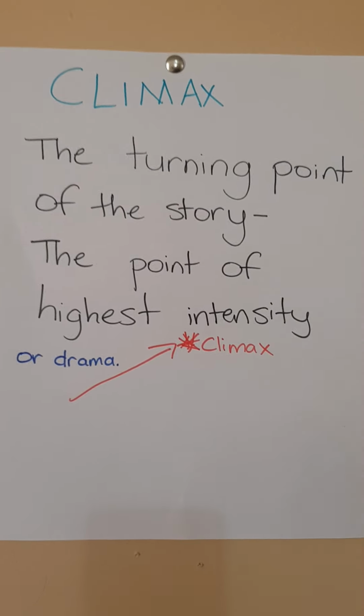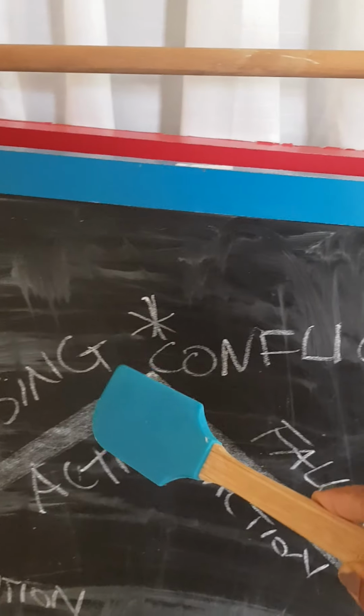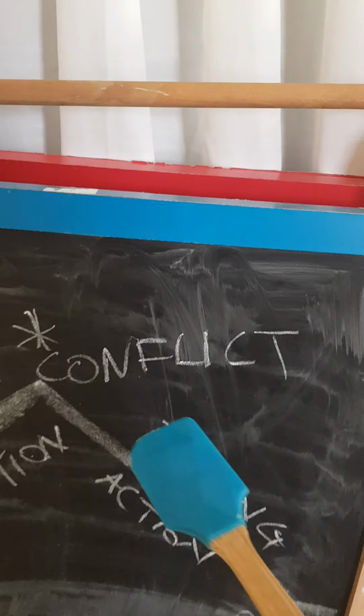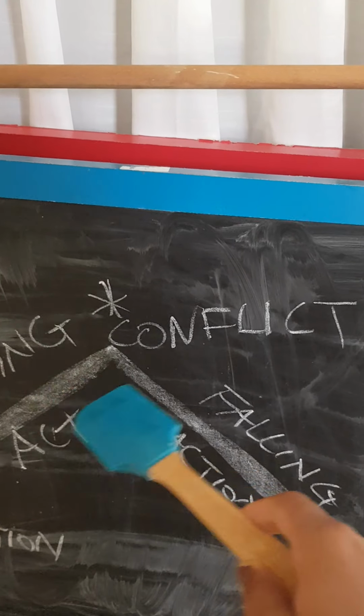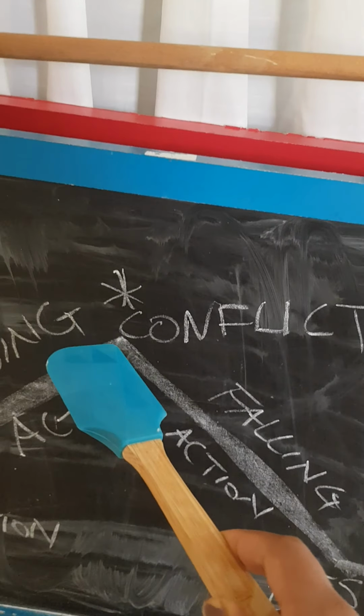And then you have your climax, which is the turning point of the story. So after all that happens in the rising action, right? All of this stuff that would be taking place here, you must have a conflict. And this is where your story has a turning point before the falling action. So nothing after the conflict is going to be the same again, right?